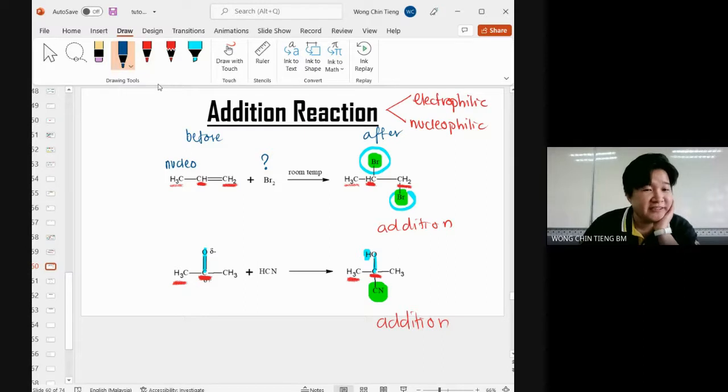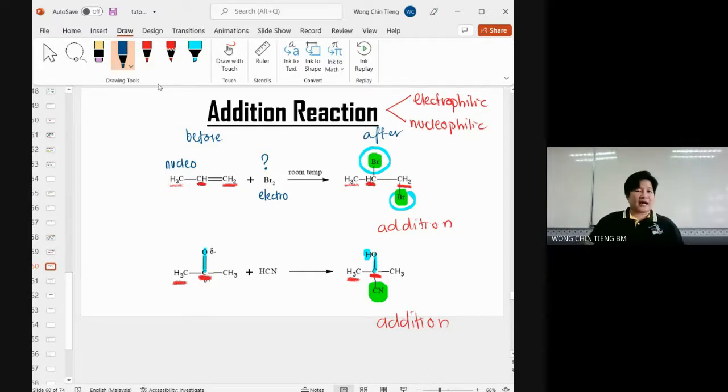You know what's the best thing in chemistry? Positive always react with negative. That is the basic principle of chemistry. You only have two. Kalau A adalah nucleo, BR automatically jadi electro. Nampak? Okay? Alright.